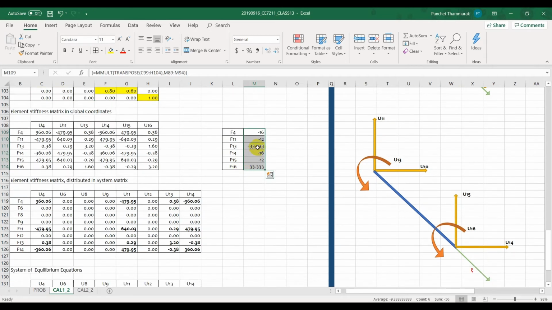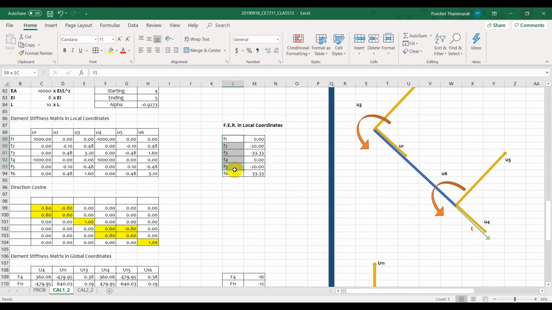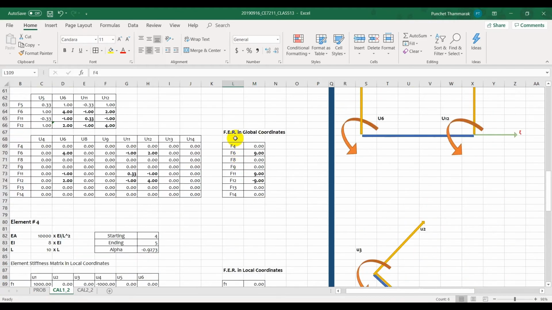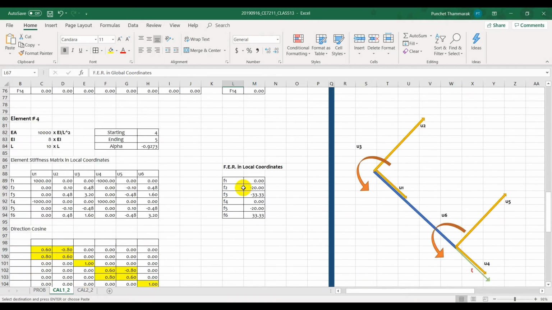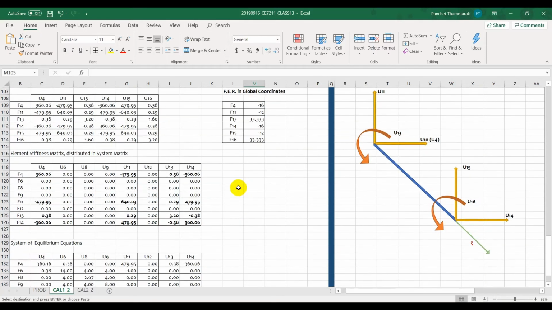You get these force vectors, which is associated with this, or actually it is U4, right? F4, F11, F13, F14, 15, 16. Then after the transformation from your local coordinates 1, 2, 3, 4, 5, 6 turns out to be this. I will copy this and put it here to explain what is inside this.